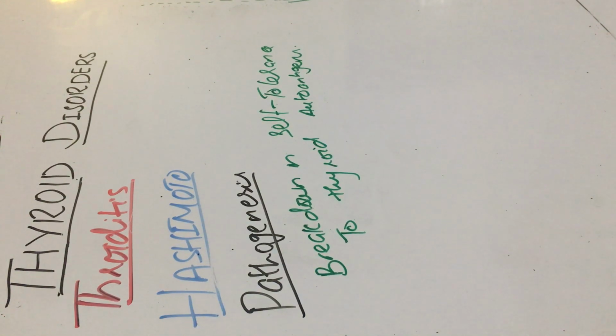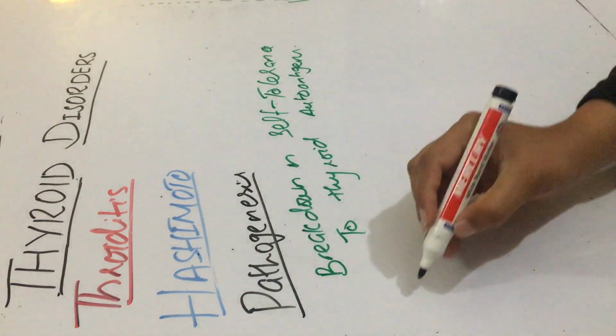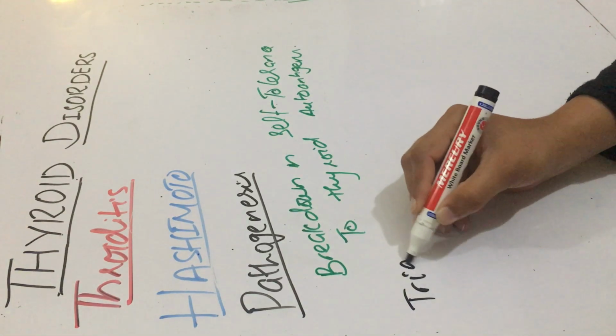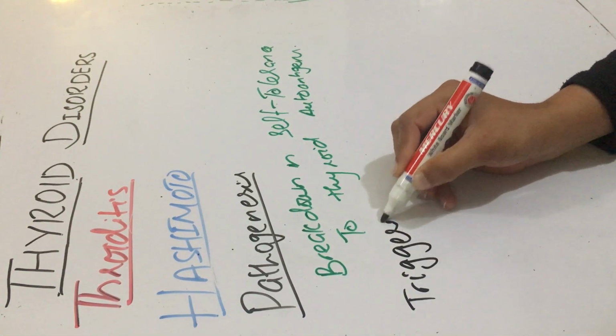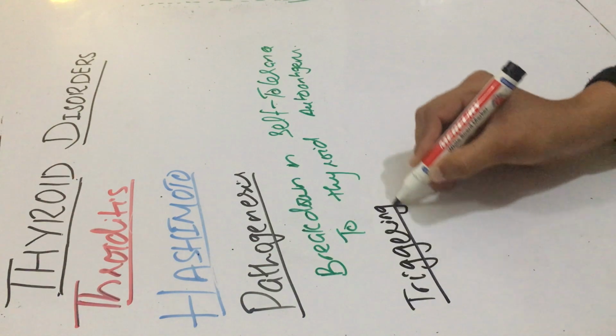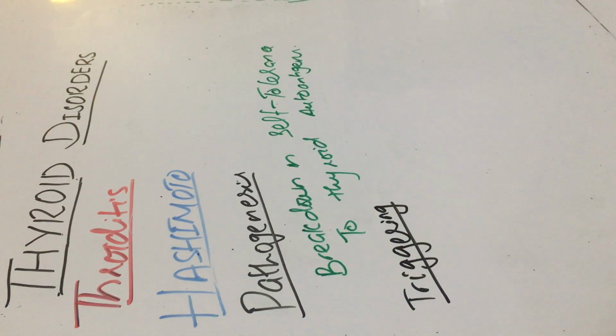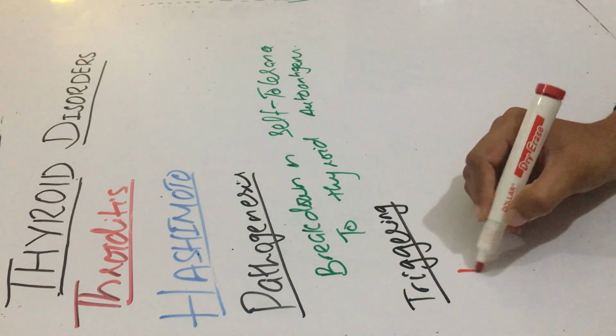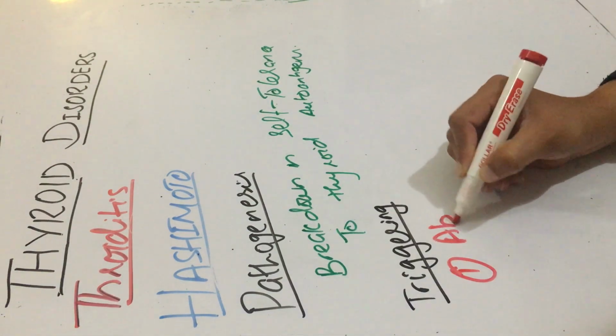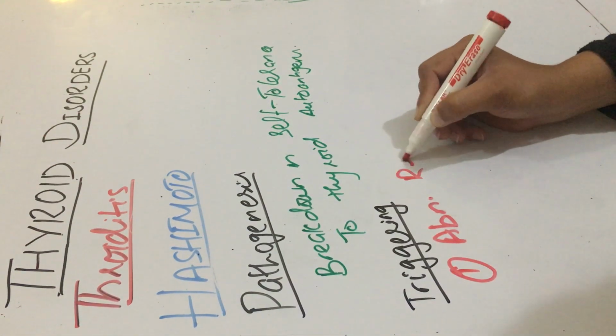Now we discuss what are the triggering agents. What is the initiating agent due to which there is the breakdown in the self-tolerance to the thyroid autoantigen, so that the antibodies begin to form against it. Now the first is the abnormality of the regulatory T cells.